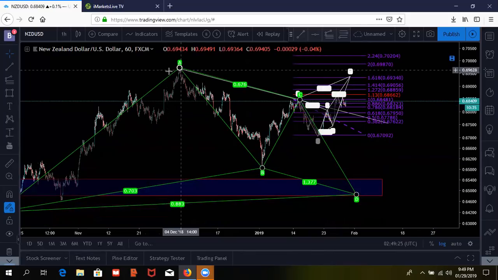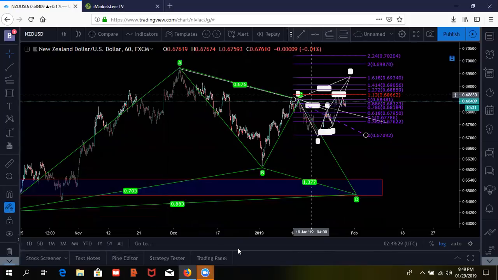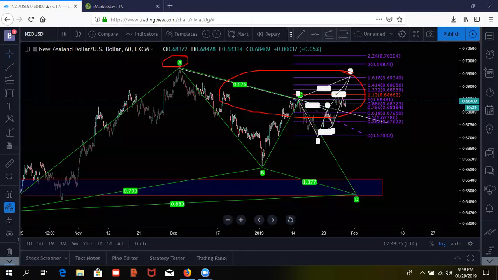As long as this C leg doesn't break above that A leg, and then it decides to drop down, it's still valid. The minute the C leg breaks above that leg and breaks that structure, that makes it invalid.